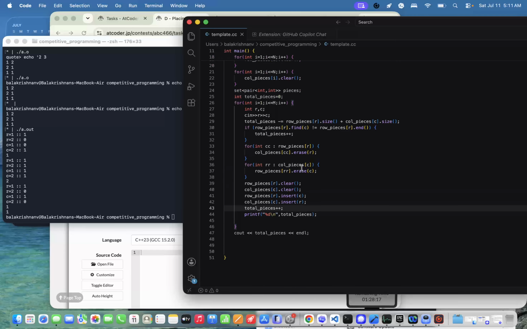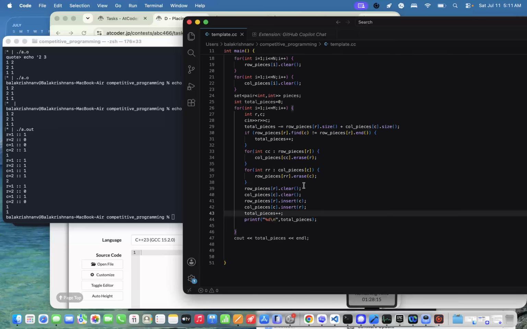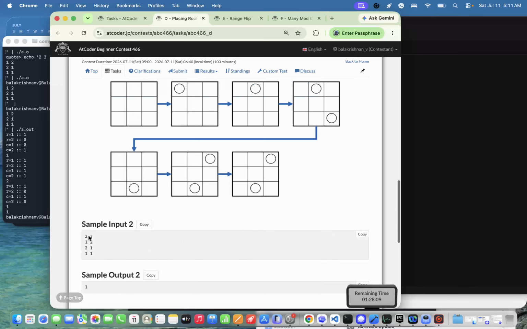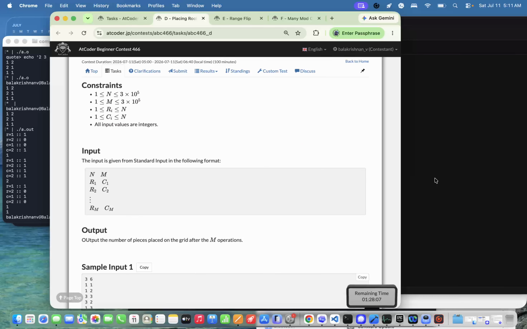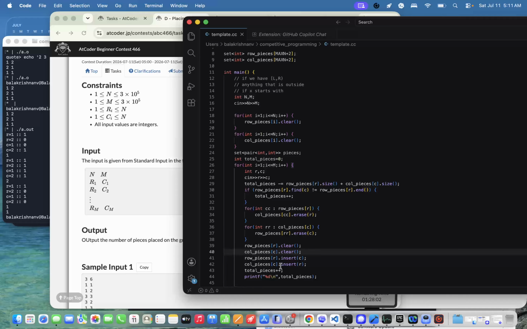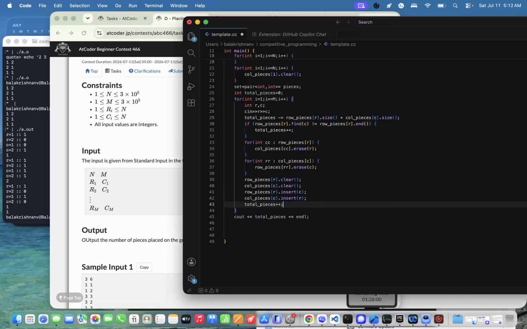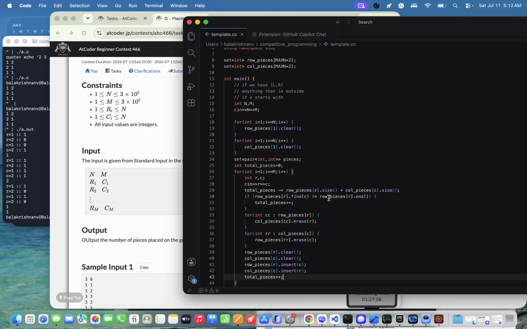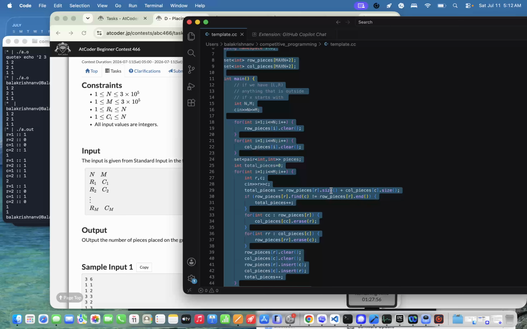Yeah, this should work, but might TLE. Let me check. So for each row pieces, we're going to remove it. Yeah. Let's say we just keep adding to the same row.